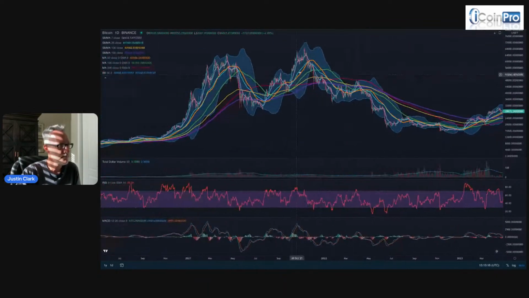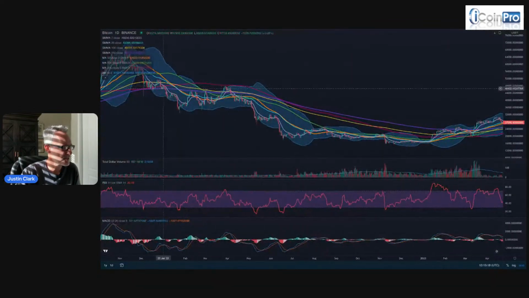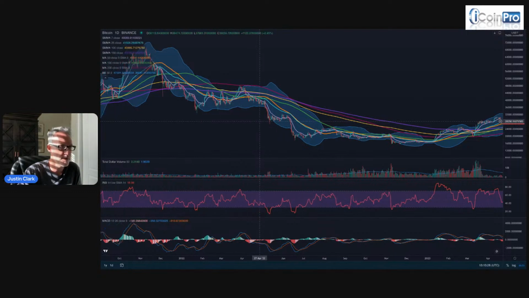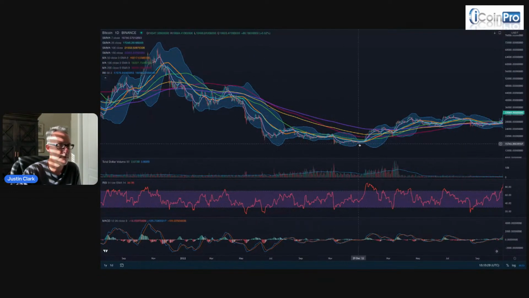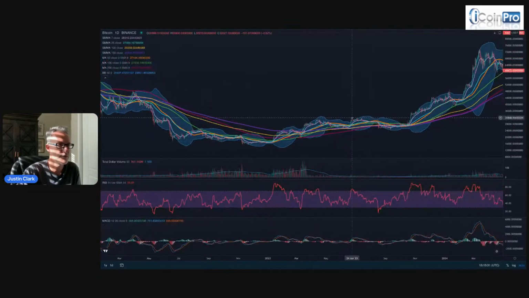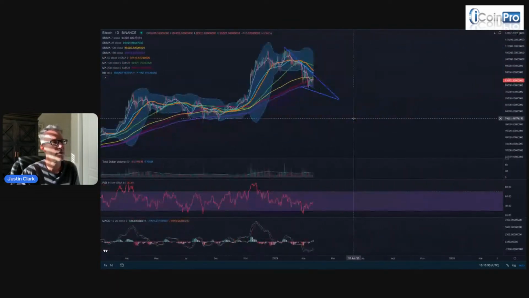On the flip side, when the price action is trading below all of the moving averages, in particular below this light purple moving average, then that means that we're potentially in a bearish market and almost definitely not in a bull market. You got to process out all the fear and sellers before we can return to a more positive trend. So where are we now?